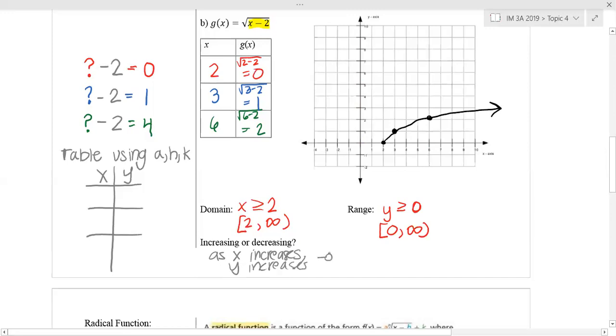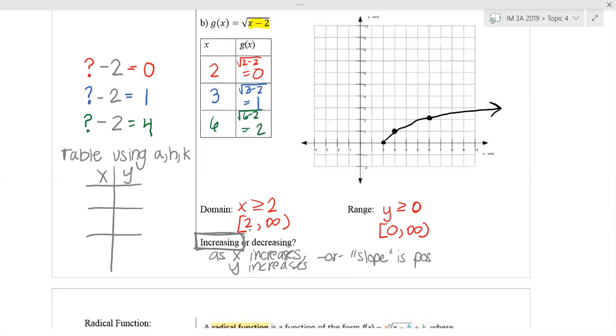Or we can think about this as the slope, if we can call it that, is positive. That means that this function is increasing. Okay, so as we visually see from left to right, the function is increasing, not at very large increments, but it is increasing.